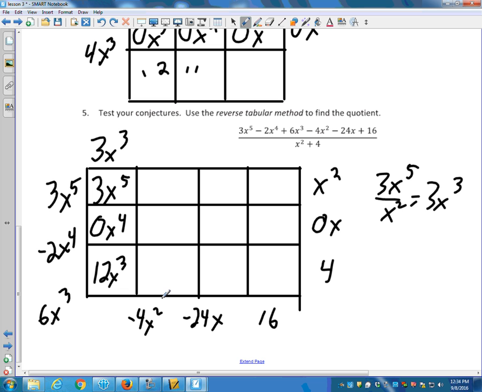Remember to fill in your column before you move on to the next one. So that's my step right there. That's my first step, is to fill in the first column.